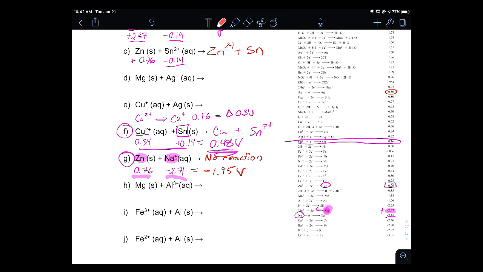That sounds like it's going to be in our favor. But if we go look up the sodium reduction potential, starting with the sodium plus ions, that's this one here, we see negative 2.71.